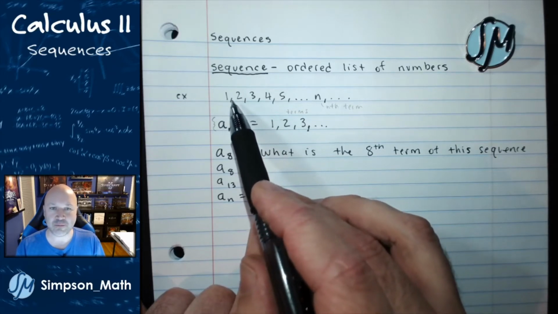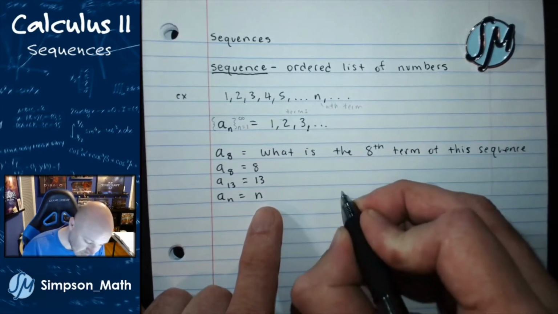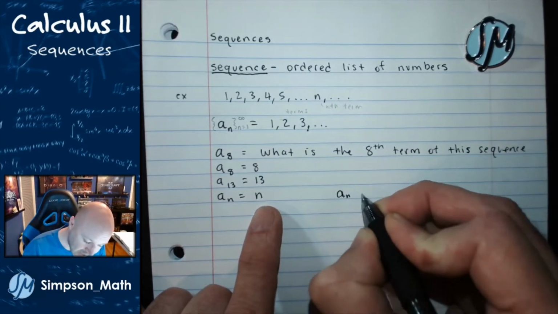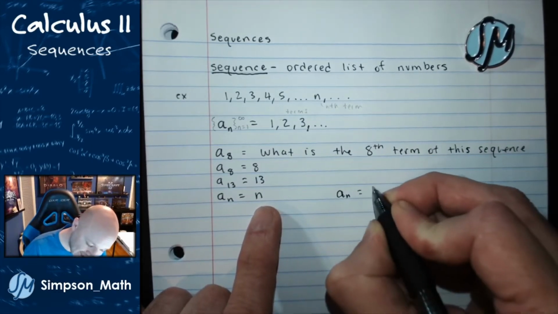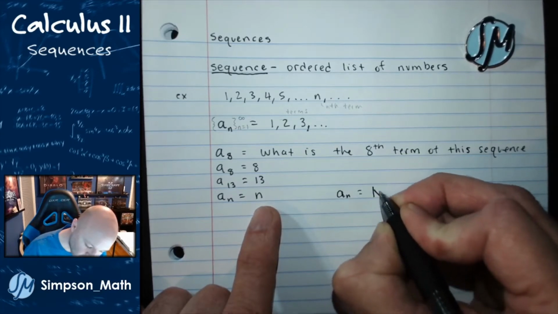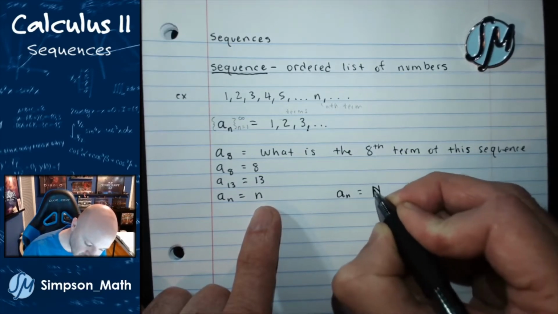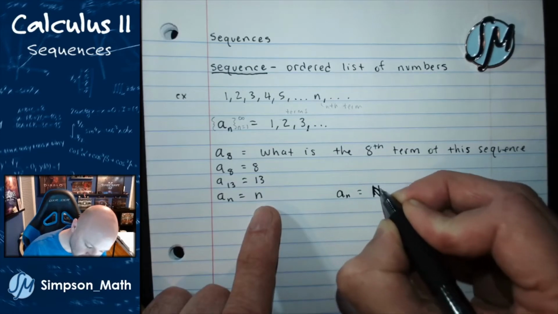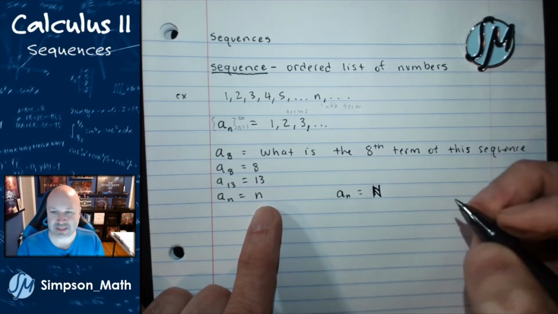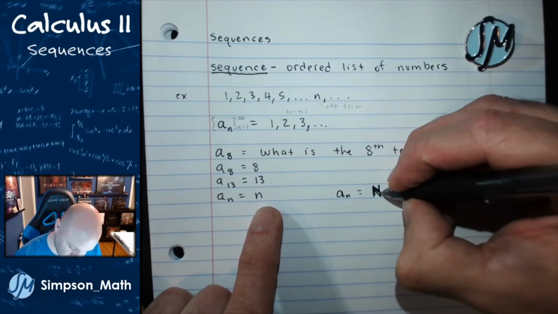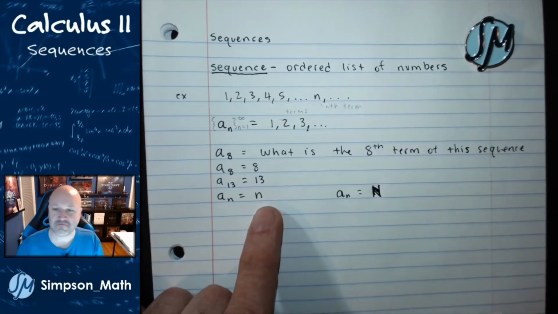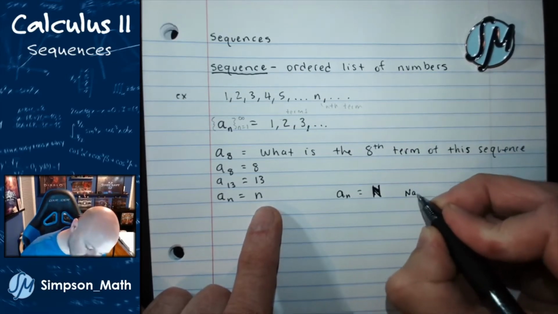So we're not talking about 1.3 and 1.3 repeated. So n in this game, or a sub n, is the natural numbers. We write those number systems with double bar letters. It's supposed to be a double bar n. Yeah, the natural numbers.